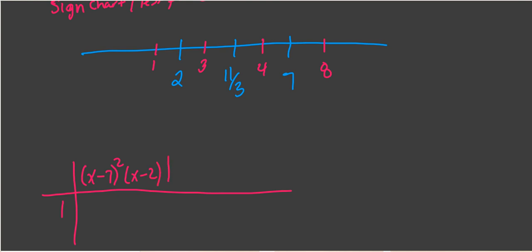So if we plug in positive 1, let's see what we end up having. That's 1 minus 7 squared times 1 minus 2. So that would be a positive times a negative, which will give us a negative.